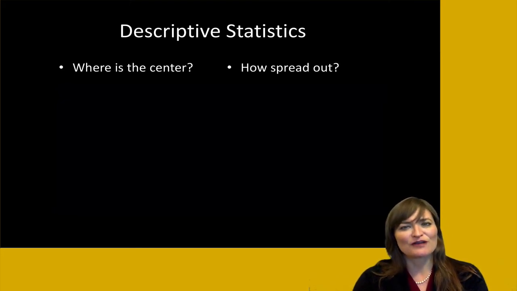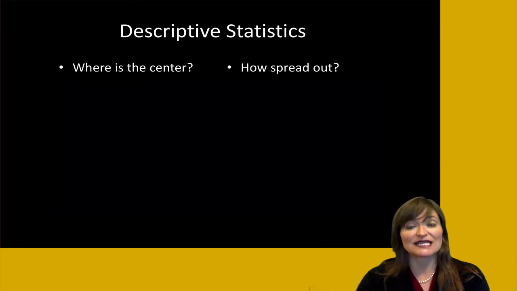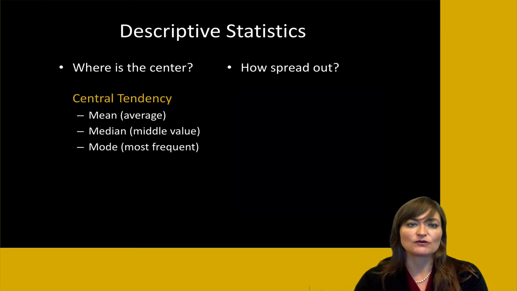It's impossible to talk about these distributions without bringing up two concepts in descriptive statistics. The two concepts that we're going to talk about are where is the center and how spread out is the data. This is what we've already been talking about, but let me just give you the vocabulary around this. When we ask where is the center of this data, we're asking to have a measure or a statistic that describes the central tendency.